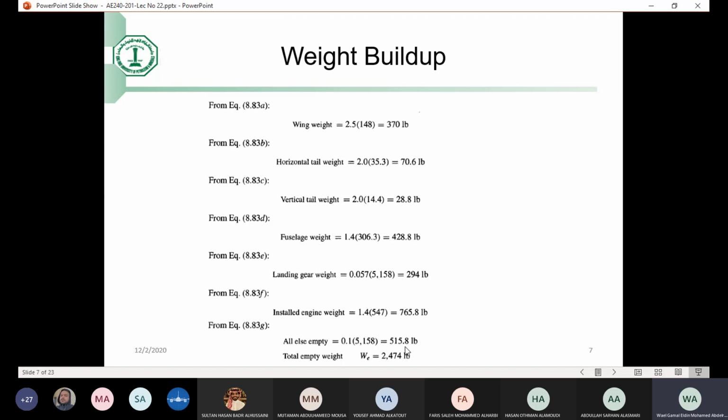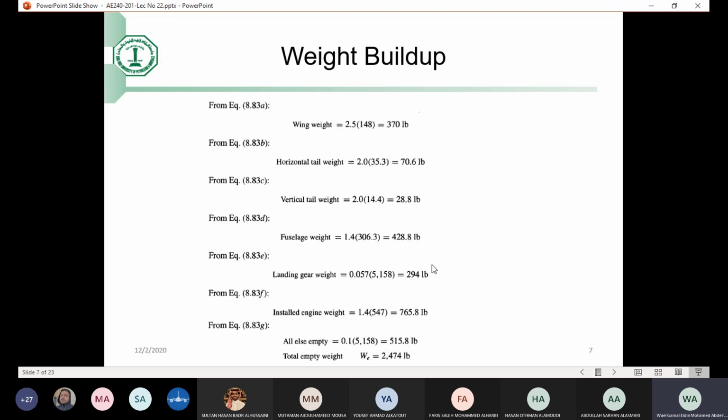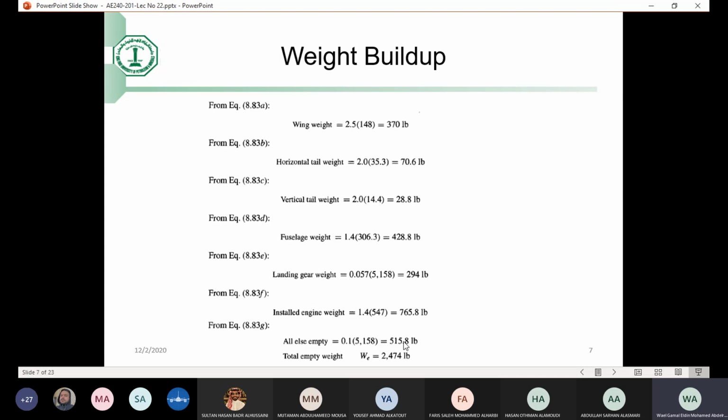So these two numbers will change. Do you agree that they will go down? Yes. So when I add everything again, I'm not adding them twice. I'm just replacing this 294 by maybe, let's see, by 252. I will replace this by 252 and I will replace this by 443.